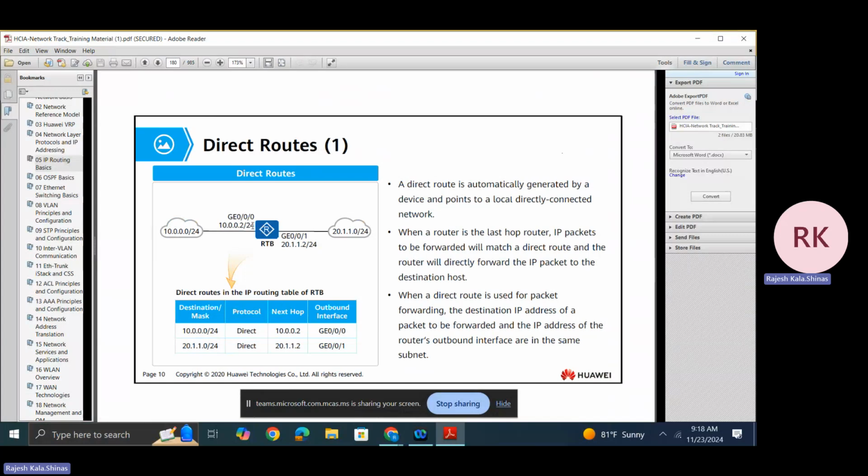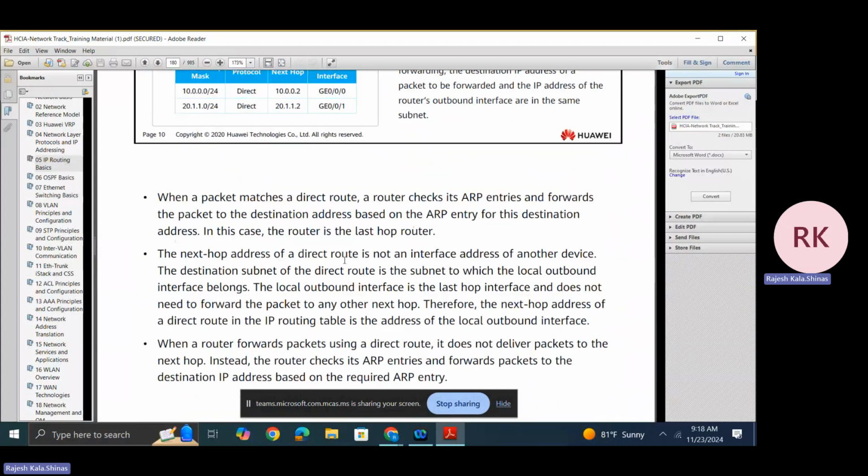The next hop is the IP address assigned on the next router, and G0/0/0 is the output interface. The next network is 21.1.1.0, direct, with the next hop being the IP address assigned on the next router, and the interface is G0/0/1.